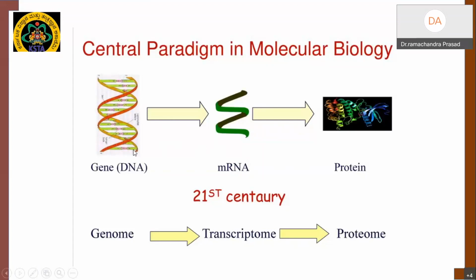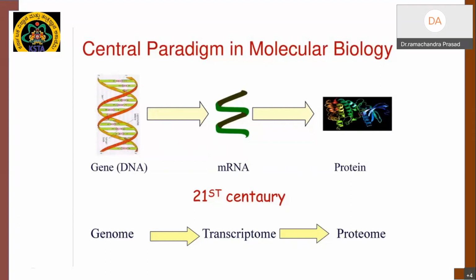But huge data is hidden in this flow of information from DNA to mRNA, mRNA to protein. So in the 21st century, we look at the entire genome. Earlier we were working on a single gene, but now we are not able to understand so many things from individual genes, so we are looking at the entire genome.